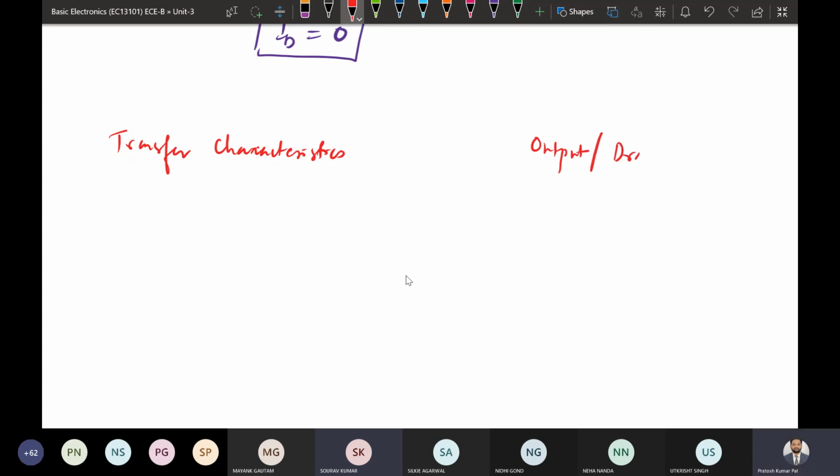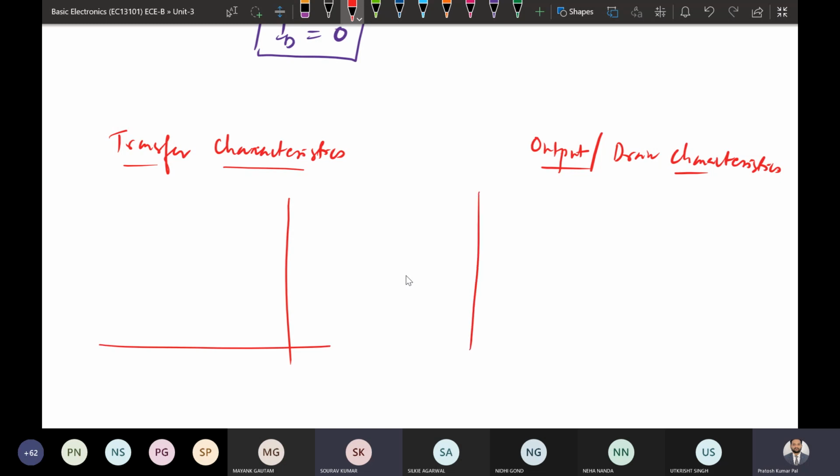Output is also called drain characteristics. We have already seen in the case of JFETs also, we used to plot transfer and output or drain characteristics. So here also we will be plotting the same.